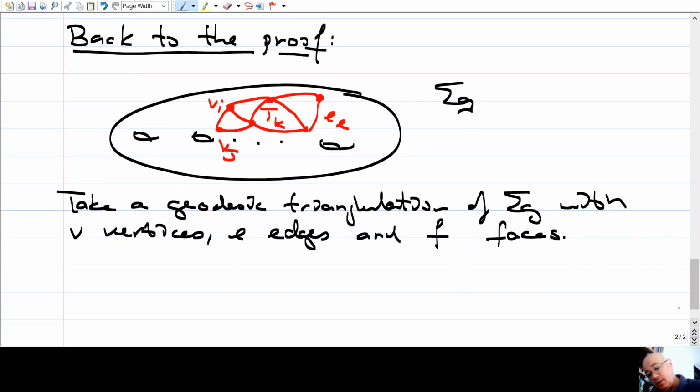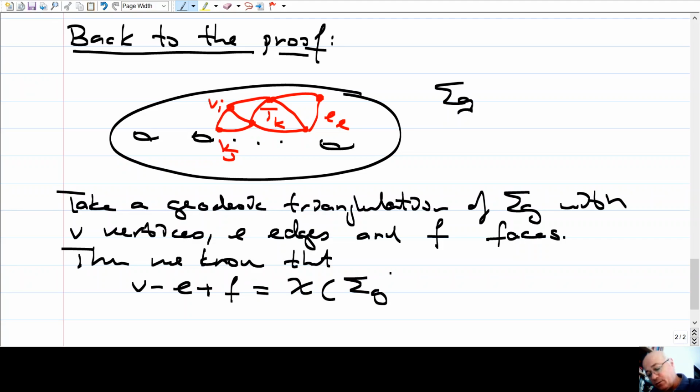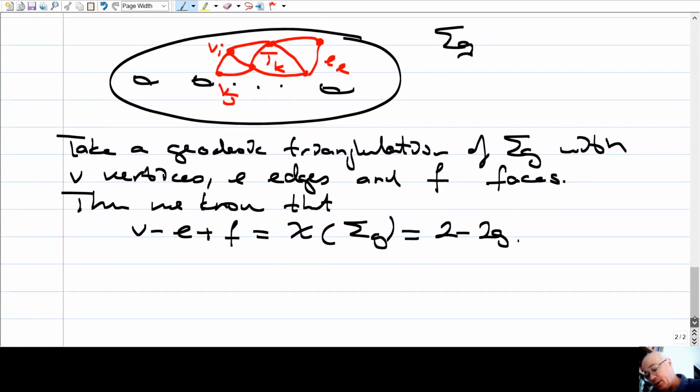Okay. Then of course we know that v minus e plus f, which is the Euler characteristic of this, is equal to 2 minus 2g.